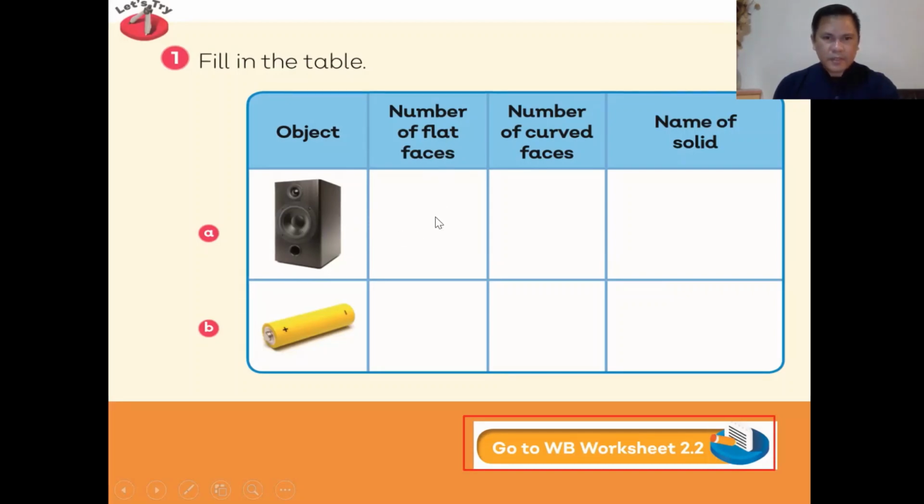So the number of flat faces is 6. Very good. How about the battery? The battery has 2 flat faces, in front and back. So we write 2.